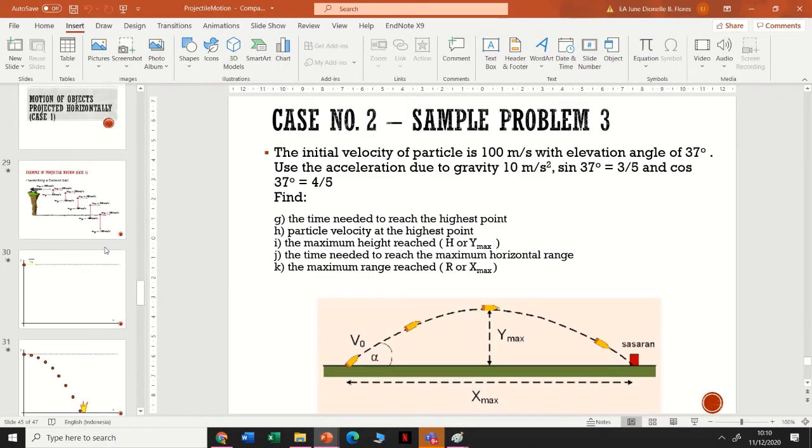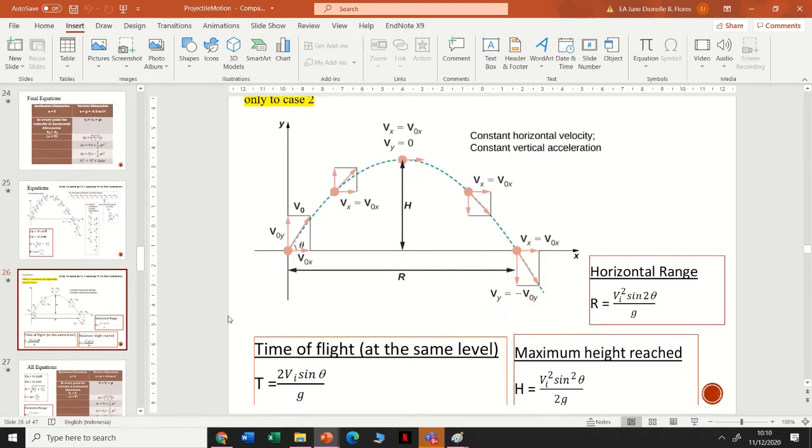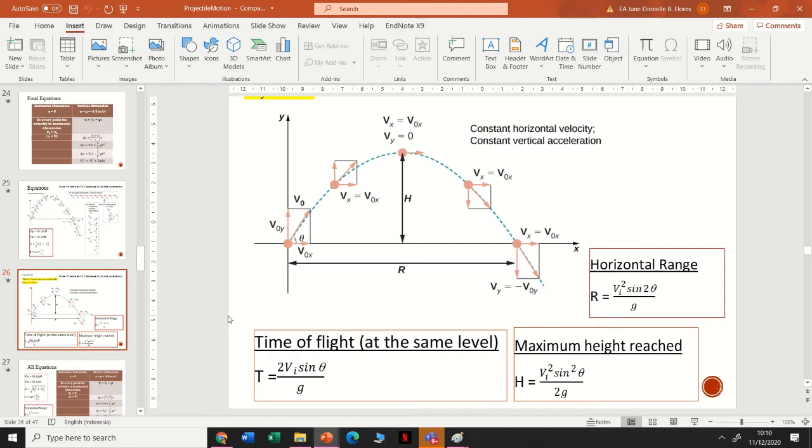This one. You can use this equation in letter H: y max is equal to vi squared sine squared theta divided by 2g. You can use this equation because the problem that we are solving is a case 2 problem. These are applicable for case 2.